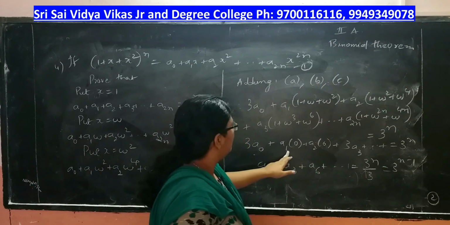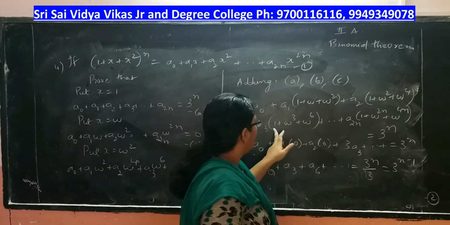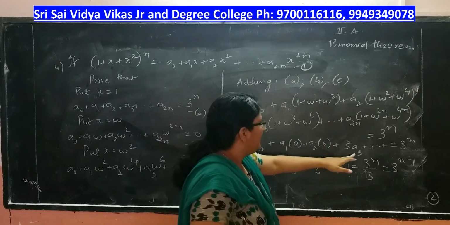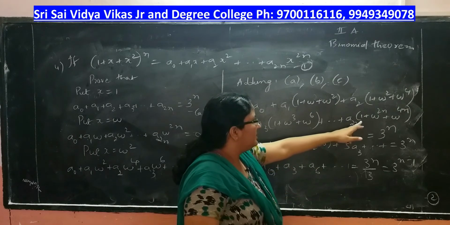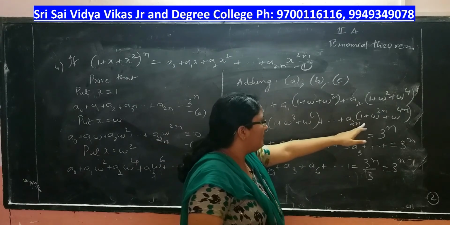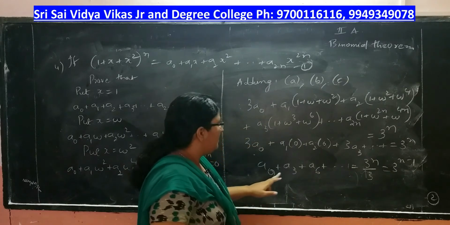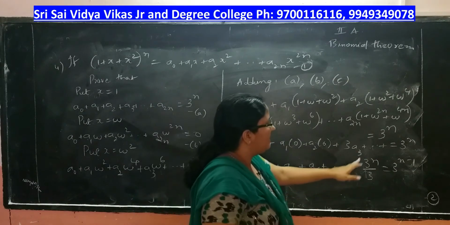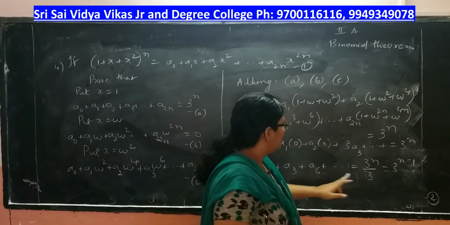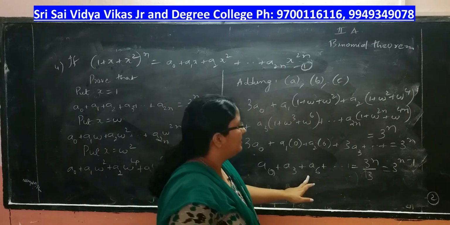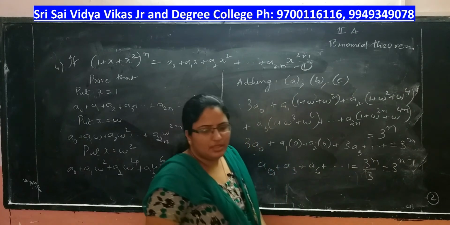This a1 into this will become 0, a2 into this will become 0, a3 into 3 you get 3a3 and so on. This part will be 0 again. That is equal to 3^n. So you have a0 + a3 + a6 + and so on equal to 3^n by 3. This 3 will go down. So a0 + a3 + a6 is equal to 3^n by 3, which is equal to 3^(n−1). So that's about the problem.